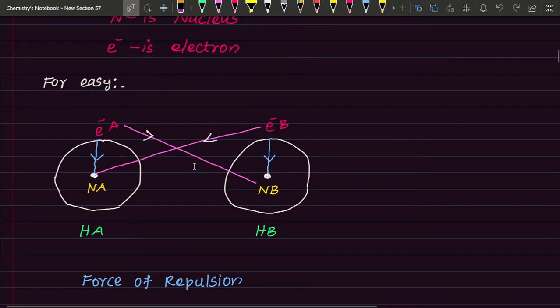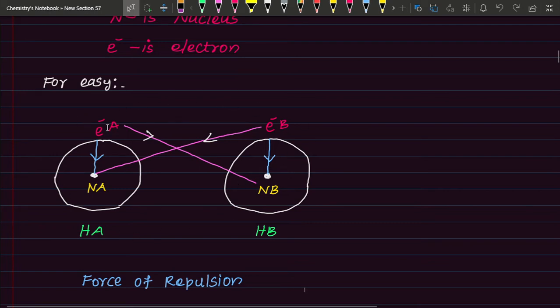For simple understanding, this nucleus attracts this electron, and at the same time, this nucleus attracts this electron. This is the HA atom, this is the HB atom. This is the force of attraction diagram.